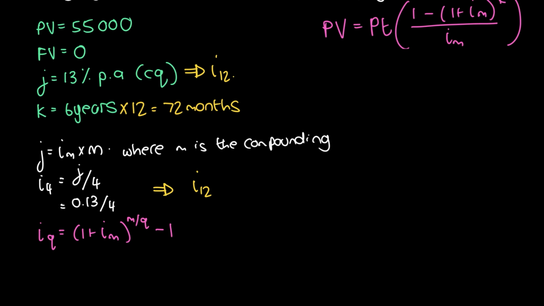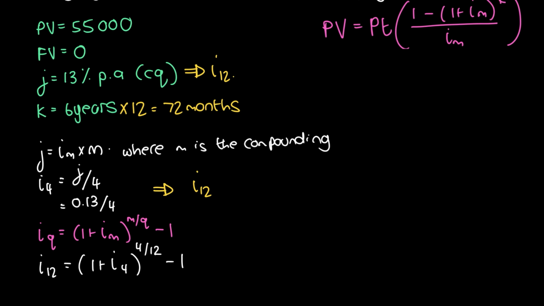Now, if that's new to you or you're unsure of how we got there, please go back to the videos where we discuss equivalent effective interest rates, particularly with the formulas, and you can recap it before coming back here. Okay, so now we can say, well, we want I12, so that's (1 plus I4) to the power of 4 divided by 12, minus 1.